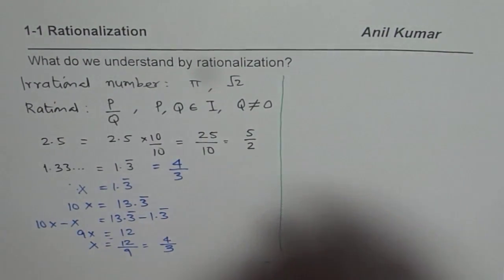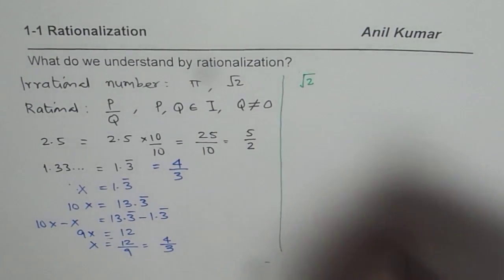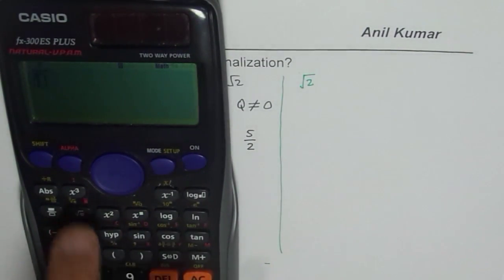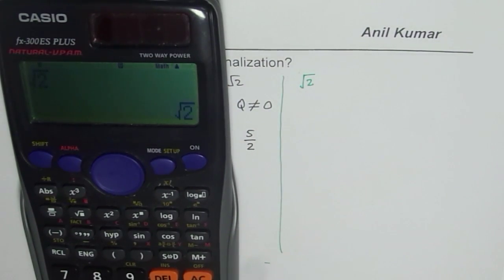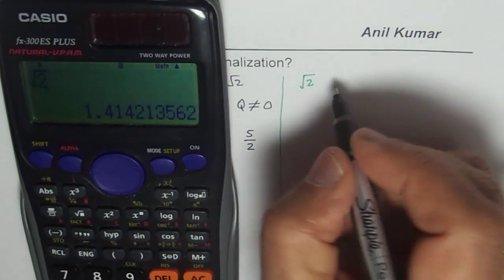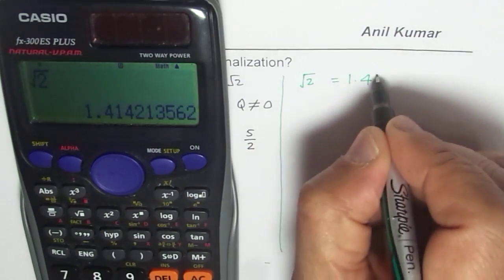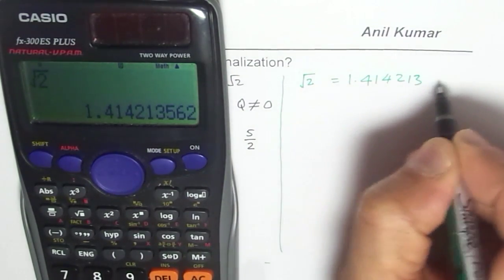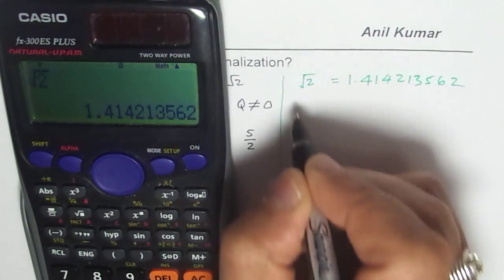However, what about square root of 2 or pi? Now if I see what is square root of 2, in decimals I get a value 1.414213562 and so on.